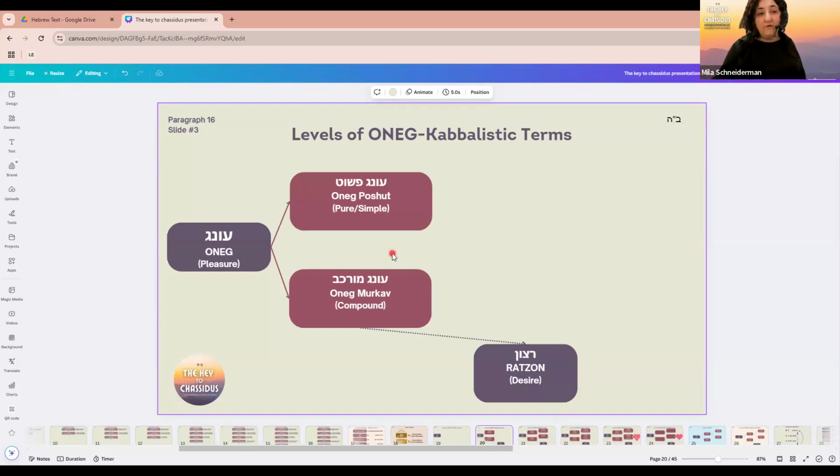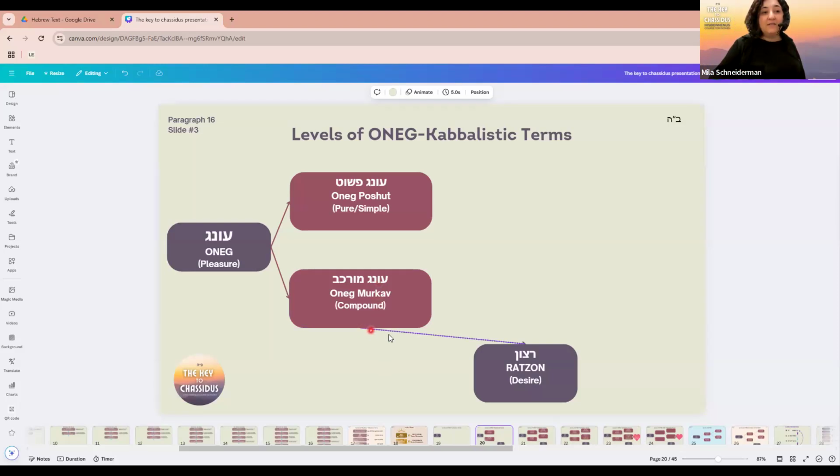Now, Oneg Murkav already has a contingency to my ratzon and desire. It's for zulat, for somebody else, something outside of me that I desire. That's already a compound, and I have pleasure for that. Therefore, I desire it.